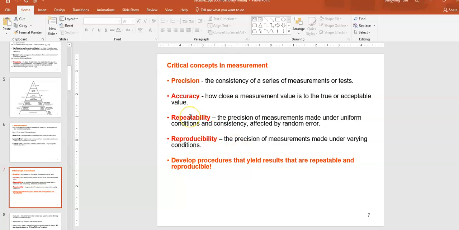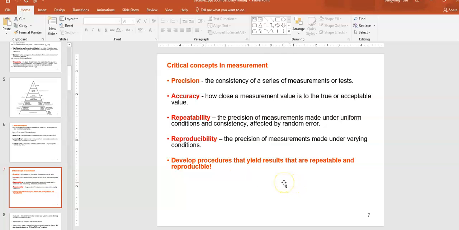So the difference in these two terms: repeatable means maybe the same person is doing the measurement under the same condition. But reproducibility means maybe a different person is doing the measurement under a slightly different condition. Under that case, how close those different measurements are to each other, that's reproducibility. Okay, understand the difference in those terms.